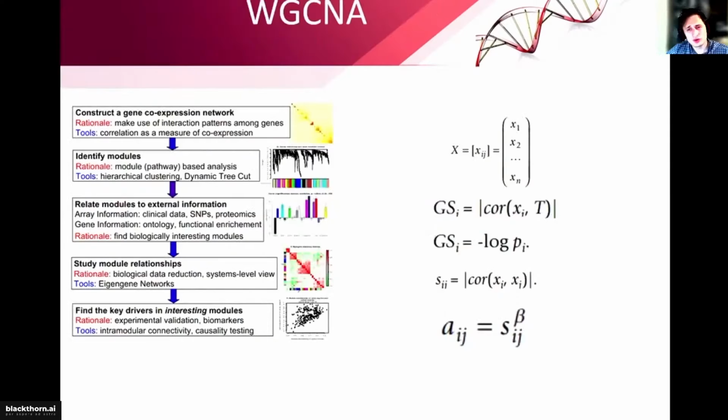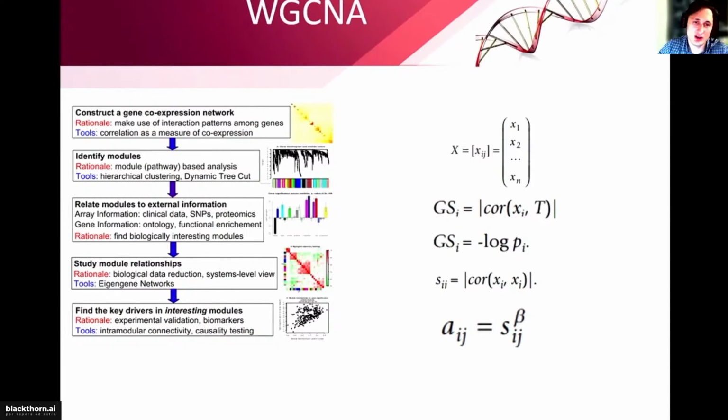Another good tool, which is more about unsupervised learning, is WGCNA, Weighted Gene Correlation Network Analysis. It's widely used, and for a good reason. When you are using something like this, you can try to find models which will not be biased by previous pathways, and as we have seen before, pathways can have inconsistent information.